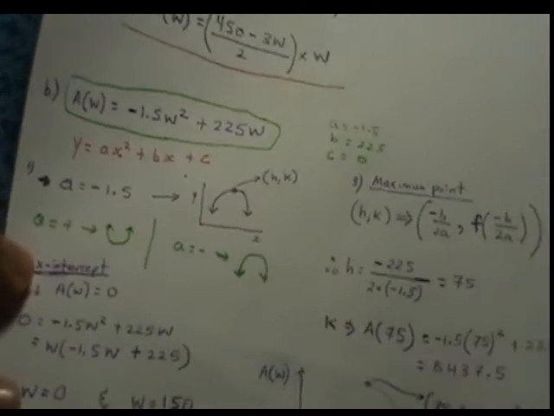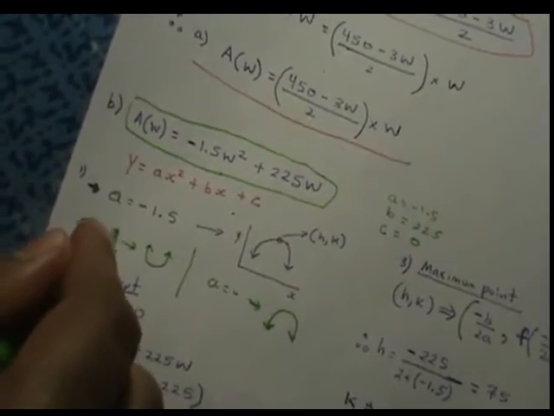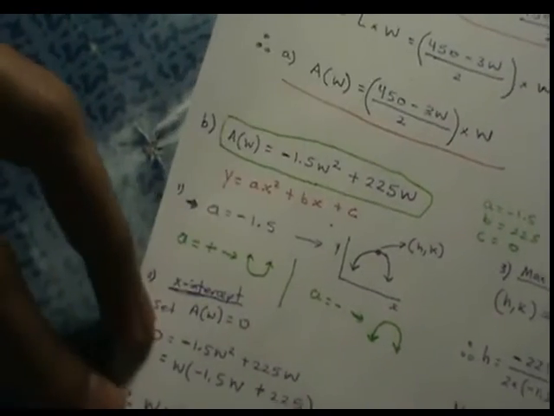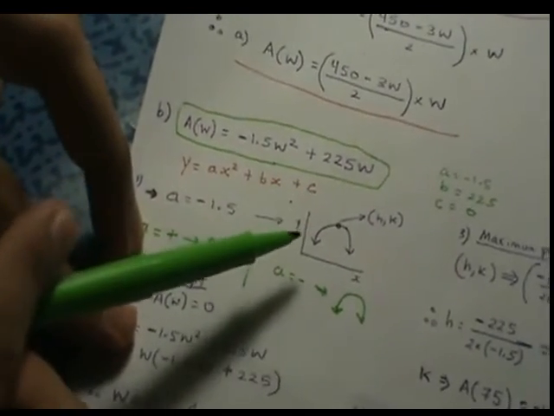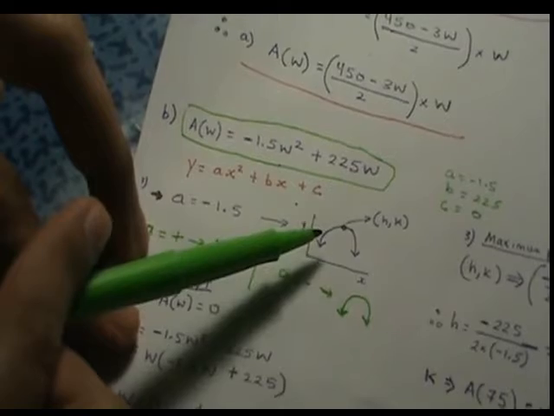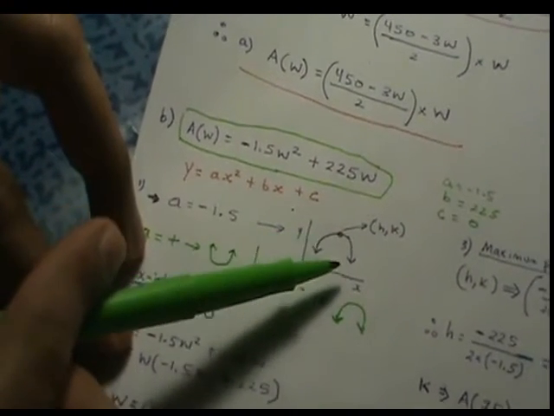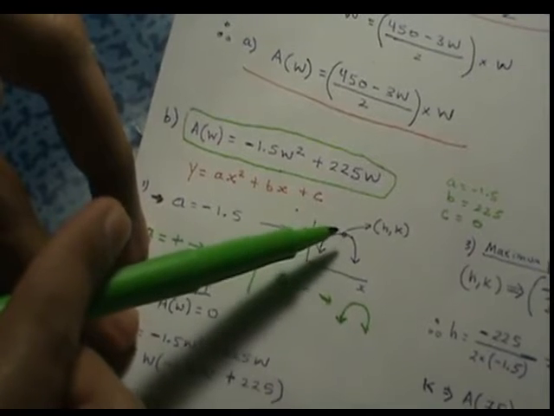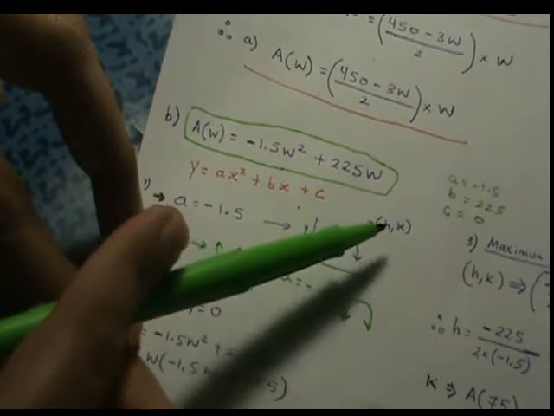So I guess that's the general rule for a parabola. So basically we have a parabola pointing downwards, and that means it will have a maximum, right? And that maximum can be denoted by h and k.